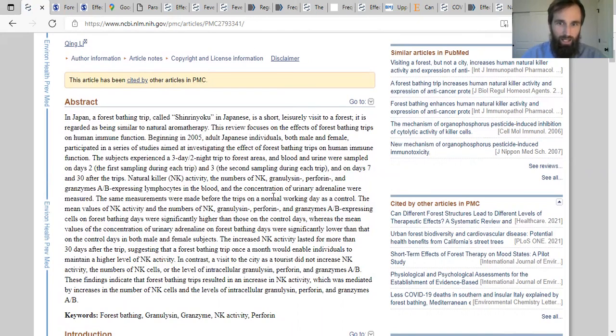In this study, they had people stay for a 3-day, 2-night trip to the forest area, and they measured the natural killer cell enzymes, not the natural killer cells themselves, but the enzymes that activate the natural killer cells. They measured them before the trip, and then they measured them after the trip on day 2, day 3, day 7, and day 30.